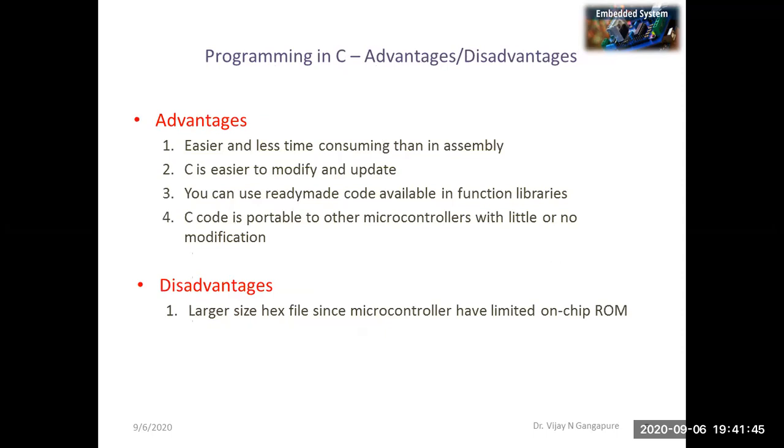The second point is programming in C: advantages and disadvantages. So what are the advantages of using the C programming language, a high level programming language, for programming embedded systems? The first one is that it is easier and less time consuming than assembly programming, because if you want to program any microcontroller in assembly language, then you need to know and remember the instruction set of that particular microcontroller, and use it while writing programs.